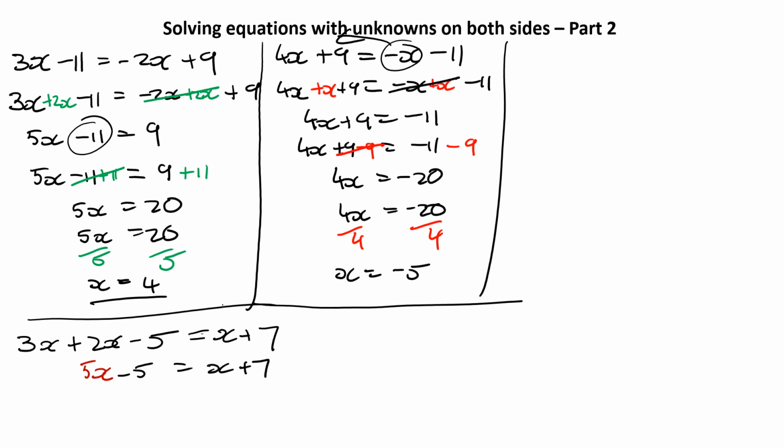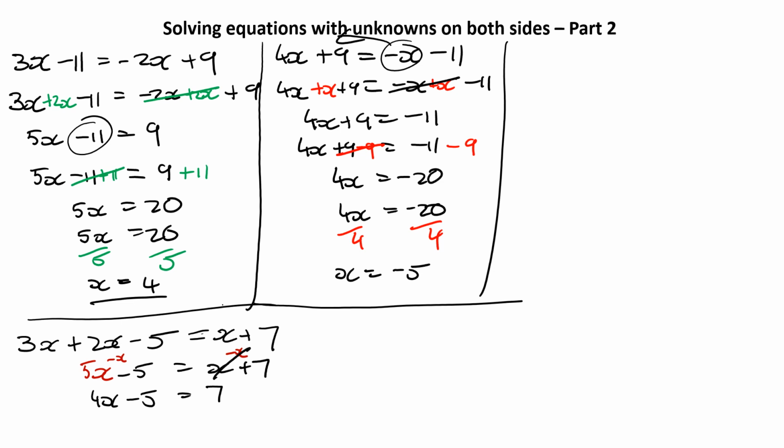I'm going to bring that x across. Sometimes the way you can do this is you go minus x on both sides, so 5x minus x is 4x minus 5 equals x minus x, which cancels out, equals 7.